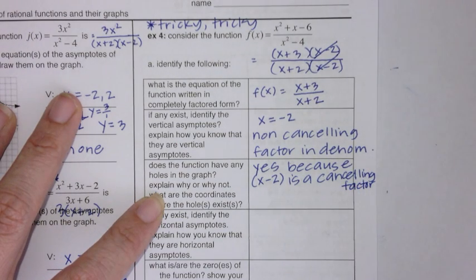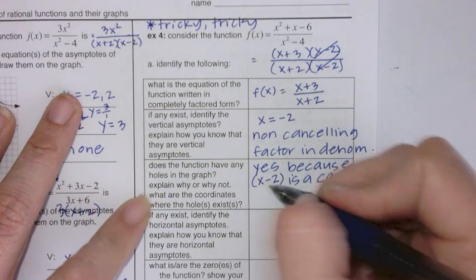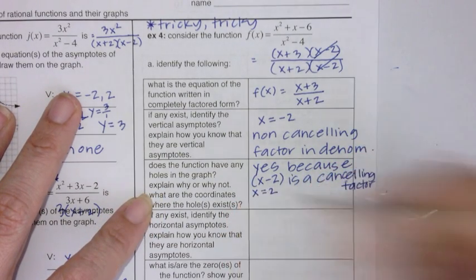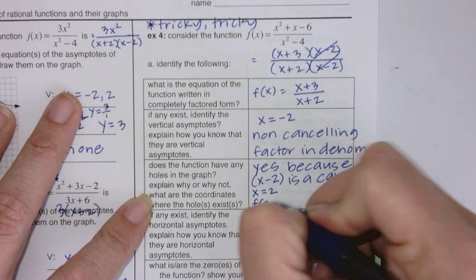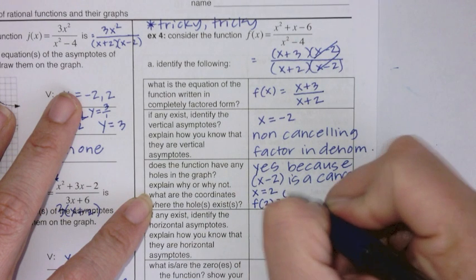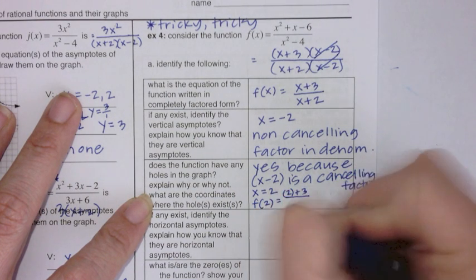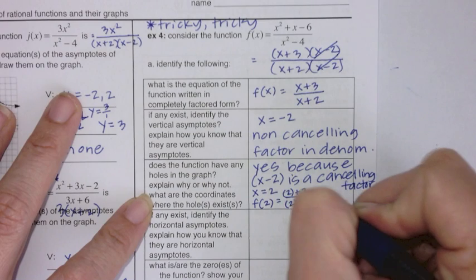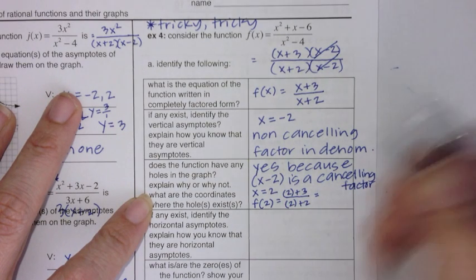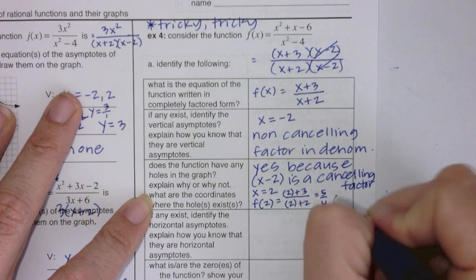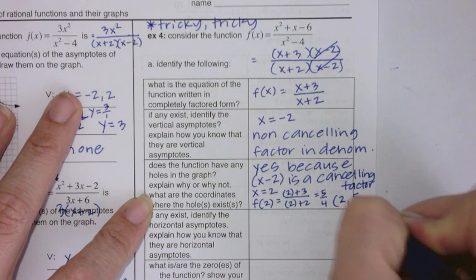So that's a little bit overkill. Okay, what are the coordinates? So we know the x coordinate is 2, so then we find f of 2 by plugging it into the reduced one, which equals 5/4. So the coordinates are 2, 5/4.